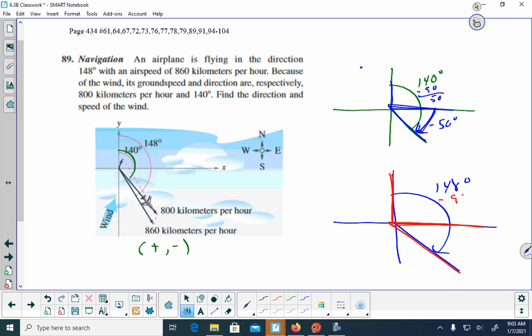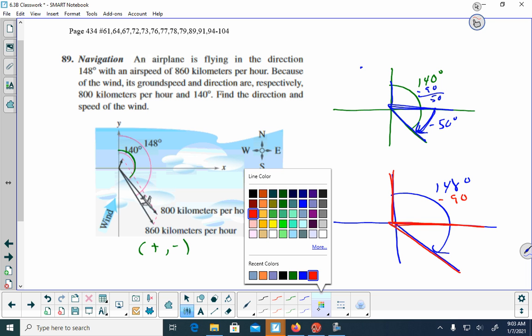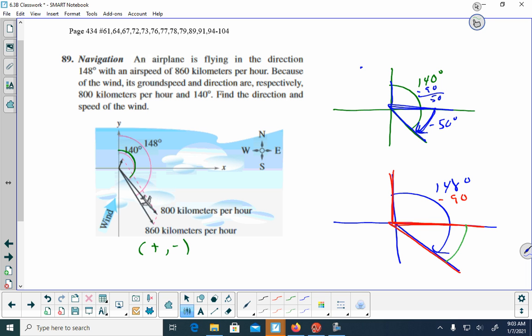So I'm going to take away 90 degrees. And I'm going to end up with 58 degrees. So this chunk here is 58 degrees. But since I went in that clockwise position in trig, that's a negative angle, so I'm going to make it negative 58 degrees. Again, if you want to use 302, absolutely fine.